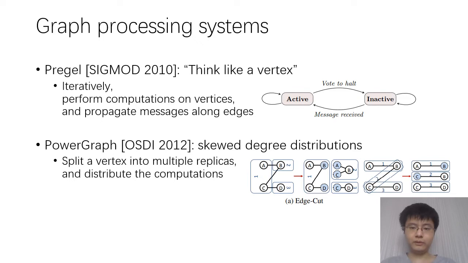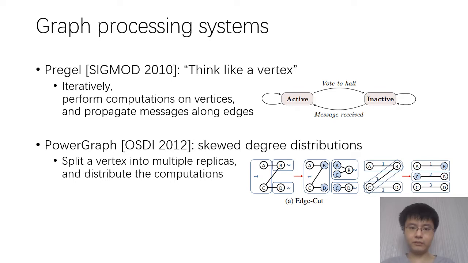To this end, a lot of systems designed specifically for graph processing have been proposed. Here, I only list probably two of the most well-known systems. The first is Pregel, which describes the think-like-a-vertex programming paradigm. Computations are performed surrounding vertices, with messages propagating between vertices for information exchange.